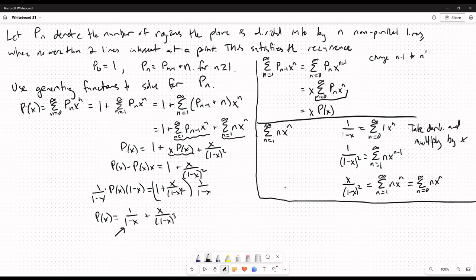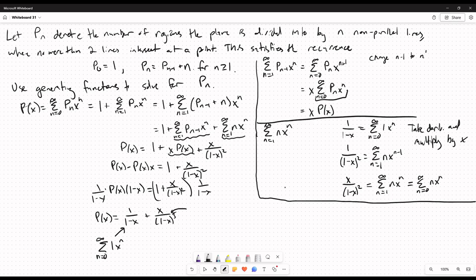First one, I know the generating function for that. We've actually already written it on the screen. That's going to equal the sum of 1 times x to the n. So that we know. This one's a little harder. But if you've done your homework, well, kind of, tongue-in-cheek there.